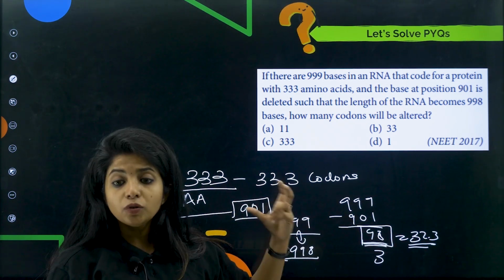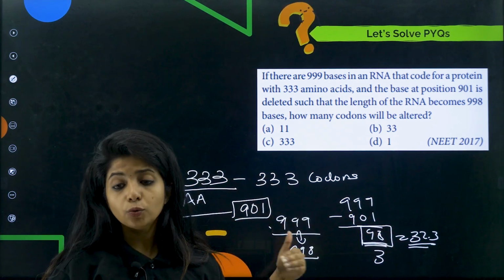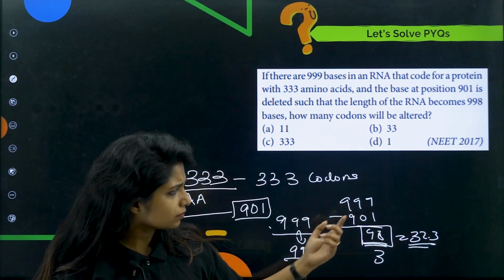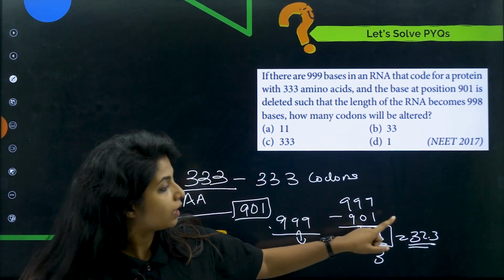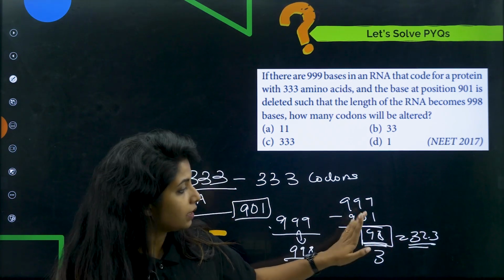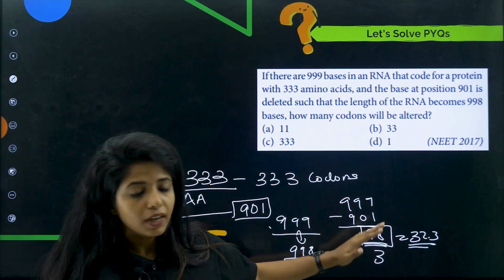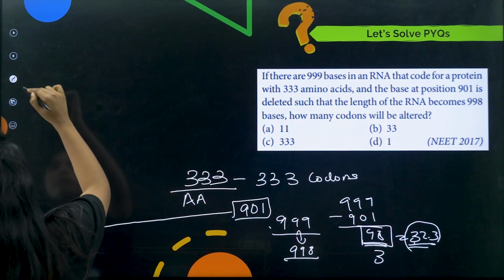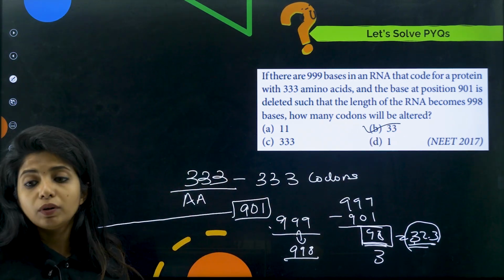Nitrogen bases come in the form of triplets, so if I divide 98 by 3, I will get the number of codons. I get 32.3, which is almost 33. So this is the answer. It's 33 codons which will be altered.